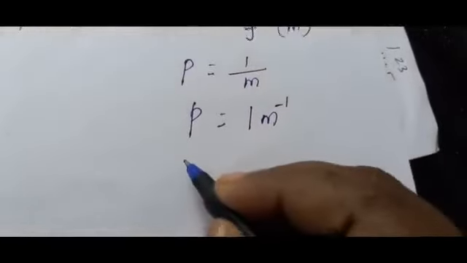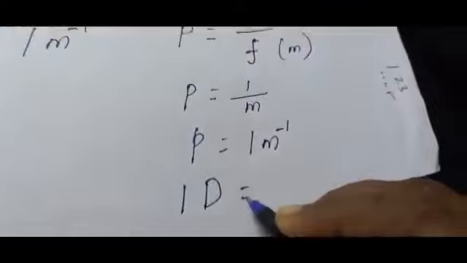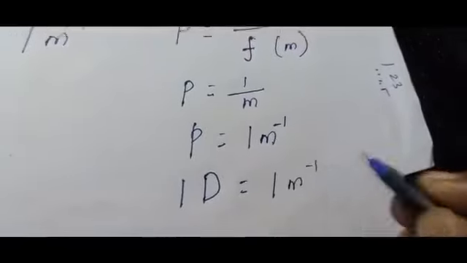So, 1 diopter equal to 1 per meter. This is an important 1 mark question.